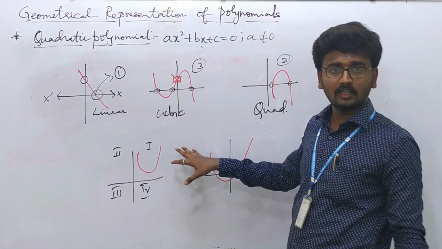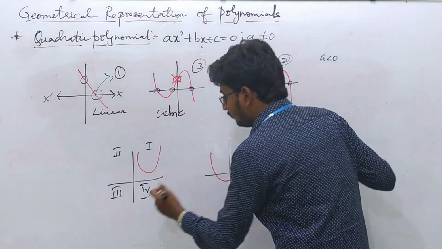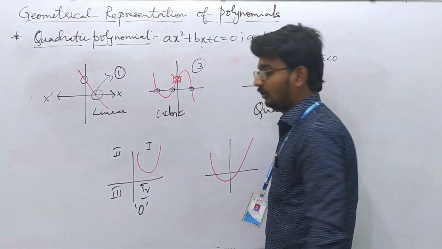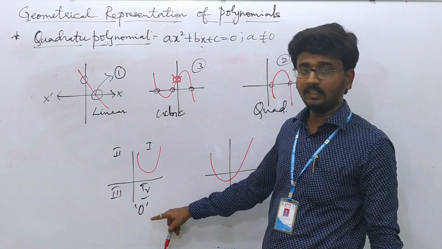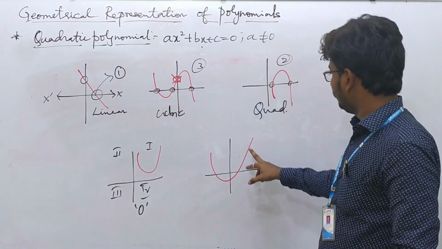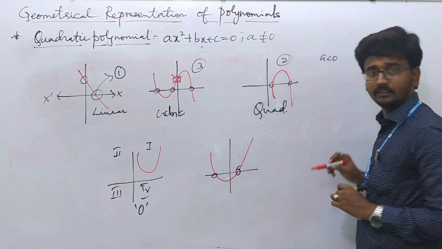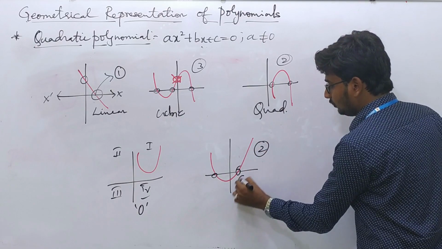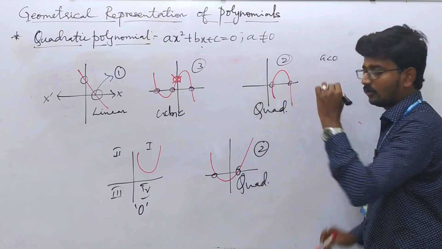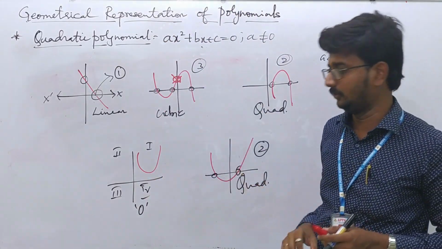It is in the first quadrant and nowhere intersecting the x-axis. Then the number of zeros or roots here is 0. It is called a zero polynomial, or a constant polynomial. Next, coming to this, again it is intersecting at 2 points, so the number of roots will be 2 and it is called a quadratic polynomial.